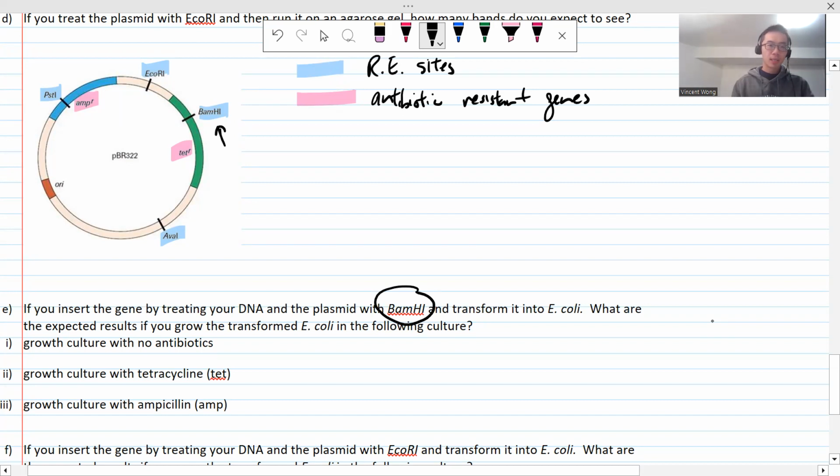That's BamHI. Okay, we're going to be putting a gene right here. So if you grow them with no antibiotics, are they going to survive? Well, anytime you grow the bacteria without antibiotics, they will survive. Okay, they will grow.